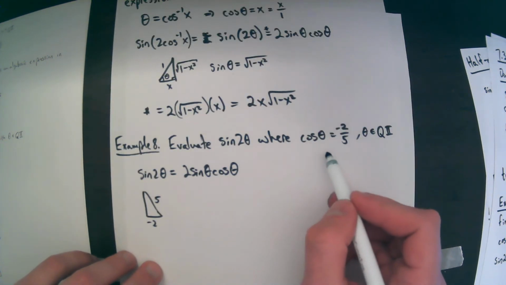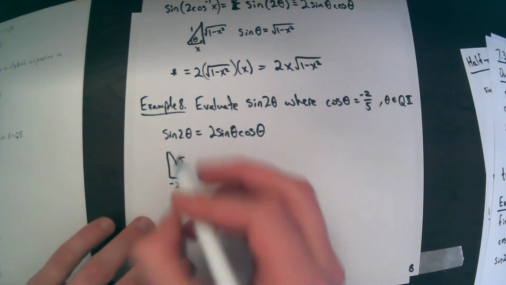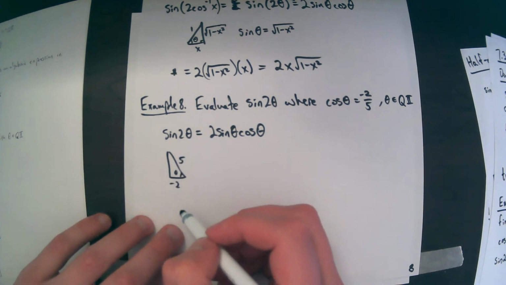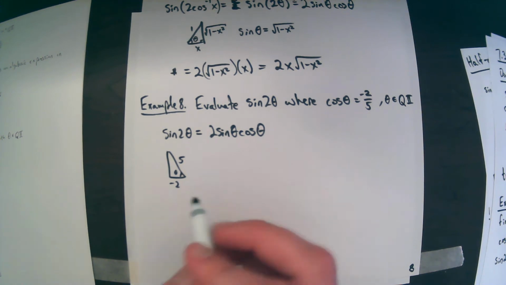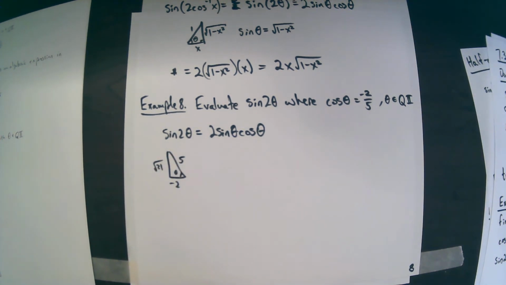So from cosine theta being negative 2/5, I know that my adjacent side is negative 2. This is theta here. And my hypotenuse is 5. And then by the Pythagorean theorem, this will be the square root of 21. I'm skipping all the Pythagorean theorem work because I'm assuming you've got that. You can do that on your own.